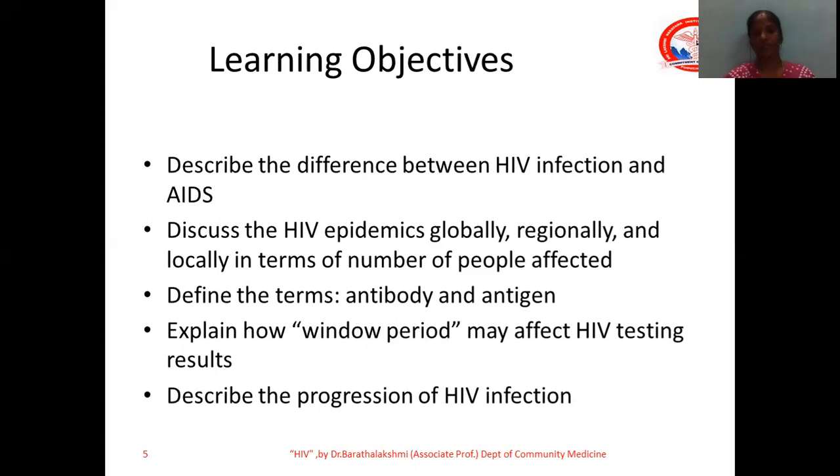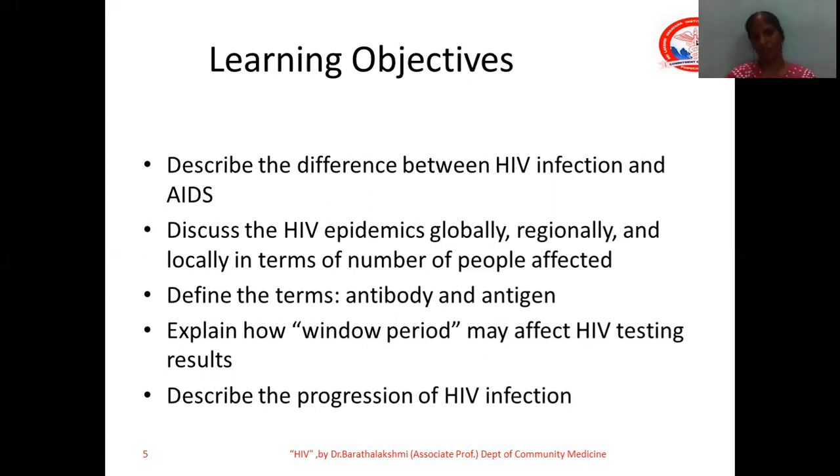But actually, HIV is inside the person's body. So this is the period where there won't be any sign or symptom, and even the lab test will not show any antibody positivity. But there is infection going on inside his body, active multiplication, because antibodies are not elaborated to that extent.